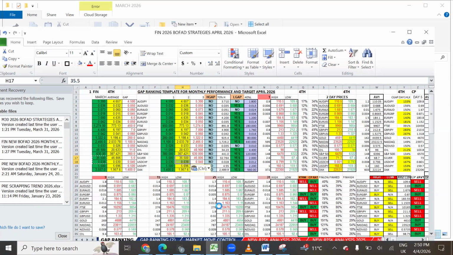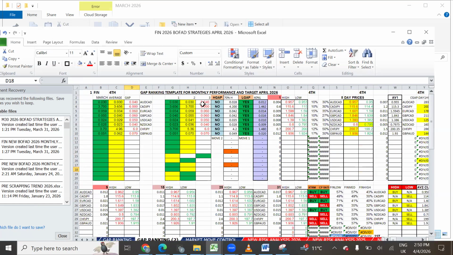Okay, so that's perfected for this. And then for the gap ranking as well, let's confirm that everything is serial. 552441.